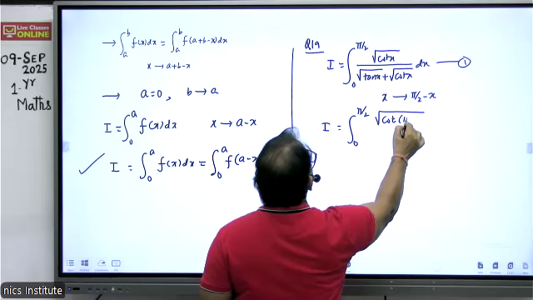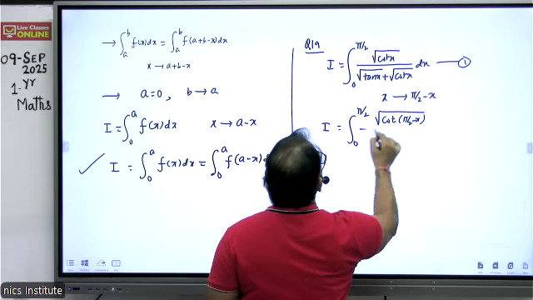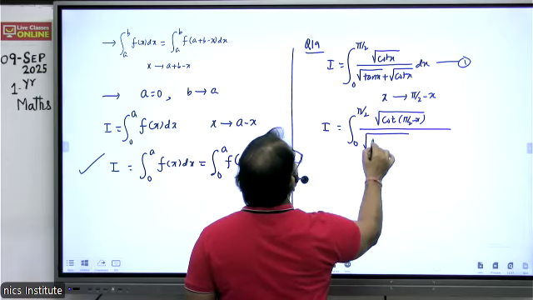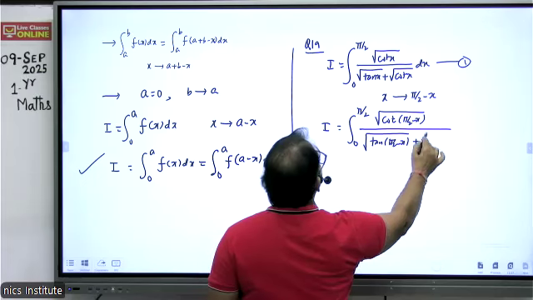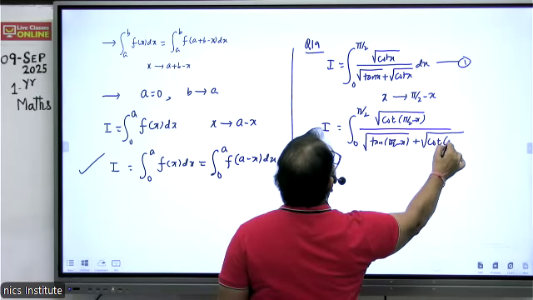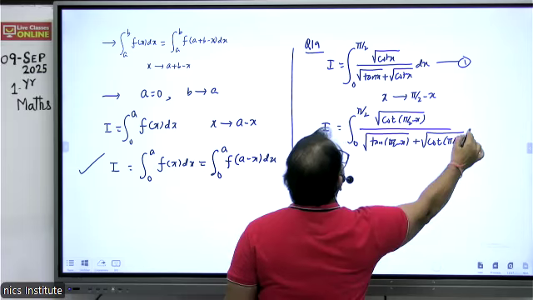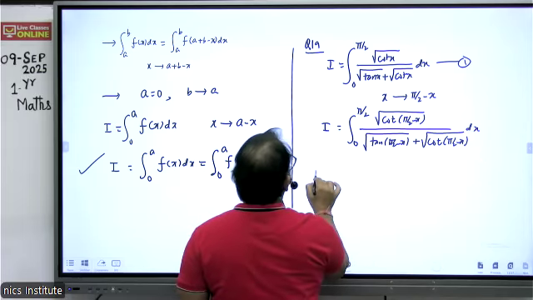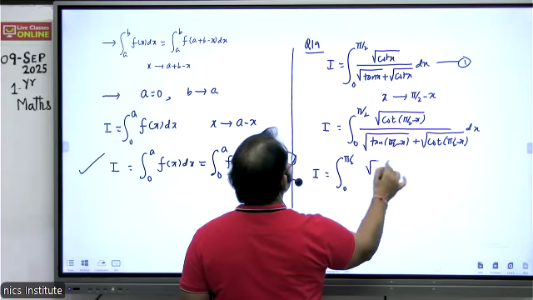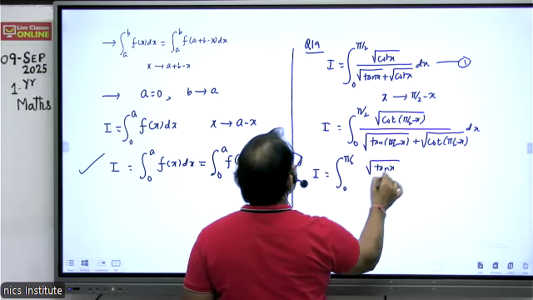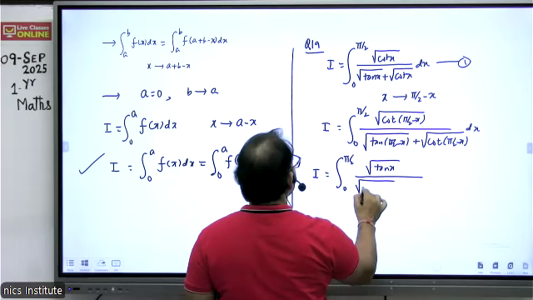So cot of pi by 2 minus x, and tan of pi by 2 minus x. You all know that cot 90 minus theta is tan theta, so it will be tan x, and tan 90 minus theta is cot.